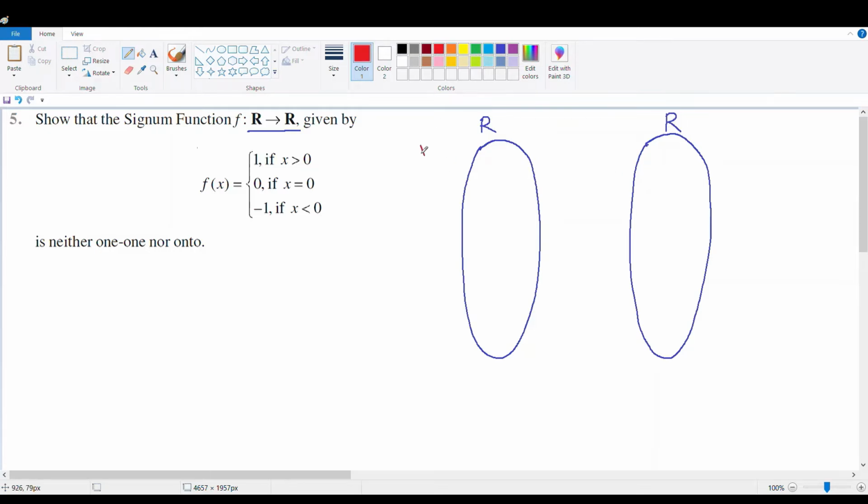Let's say domain here, codomain here. This is function f, and this function f is a signum function. Now we are given the definition of that function already, so we don't need to worry about what kind of output it will have. We are given the definition in detail, so that's good.